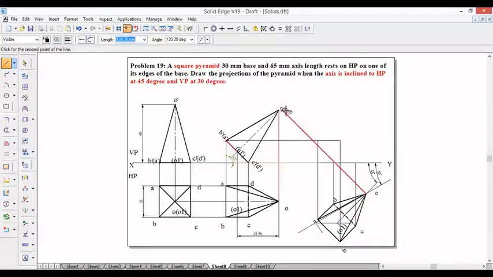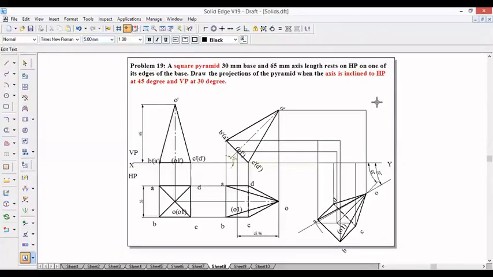The projections of O and O dash will be taken, and finally the O1 projection will be taken here. So let us name the corners. This is O dash, this is going to be A dash, B dash, C dash, and D dash.